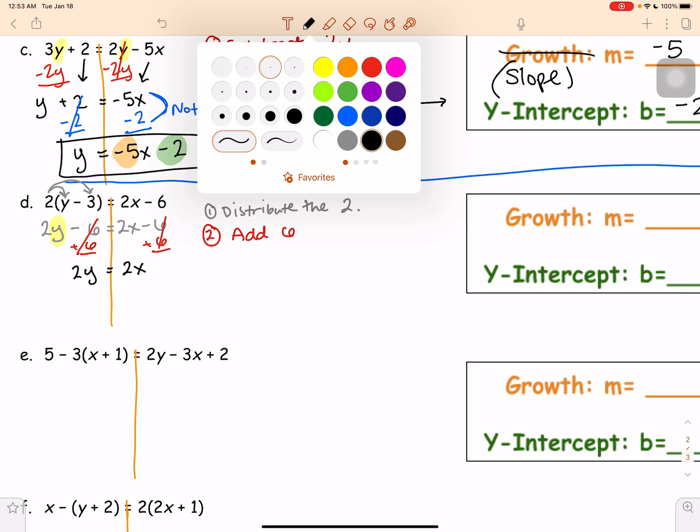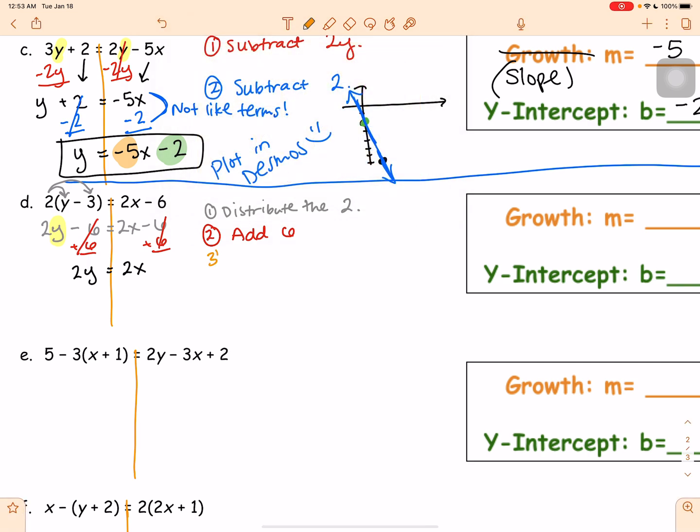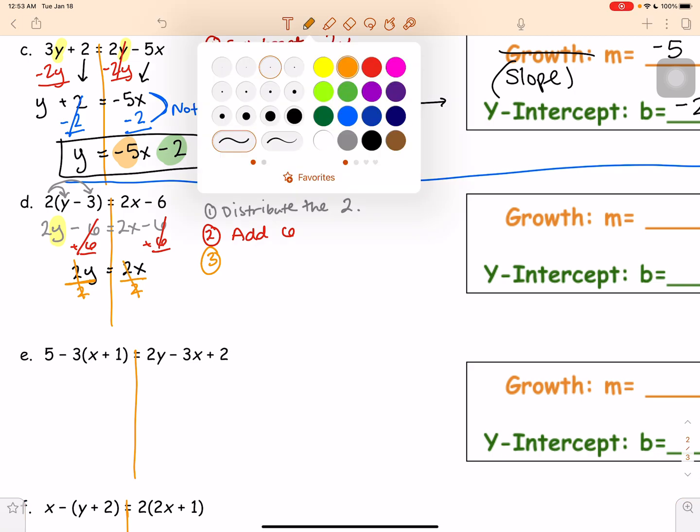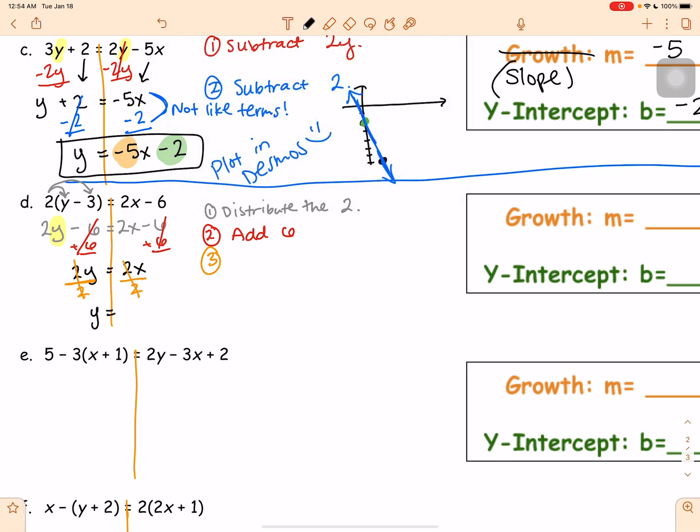So now we're almost there with getting the y by itself, but this multiplication of 2 needs to be divided by 2 to cancel it out. Then I also end up canceling out that 2. So I'm left with 1y equals 1x. And that is in y equals mx plus b form. So this is the same as y equals 1x plus 0, right?